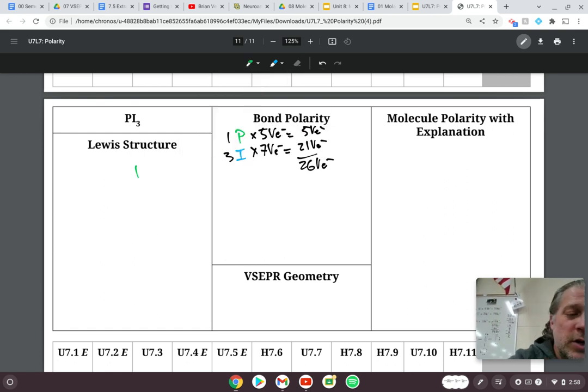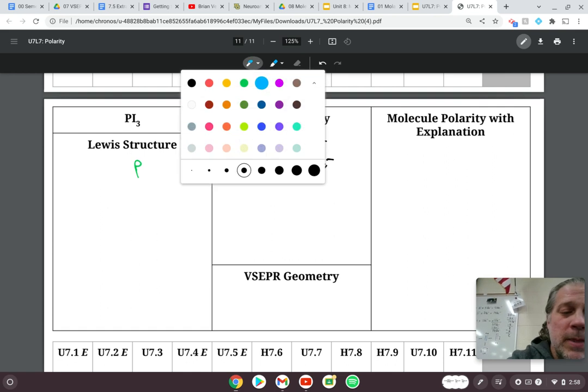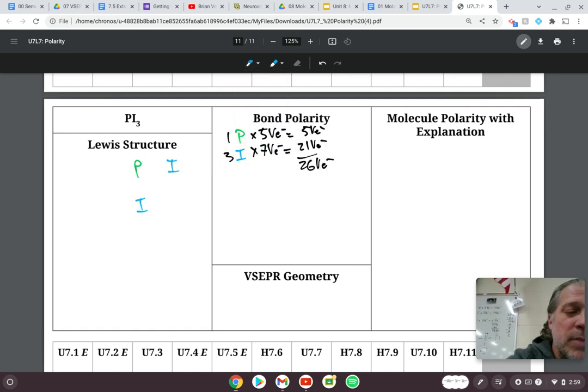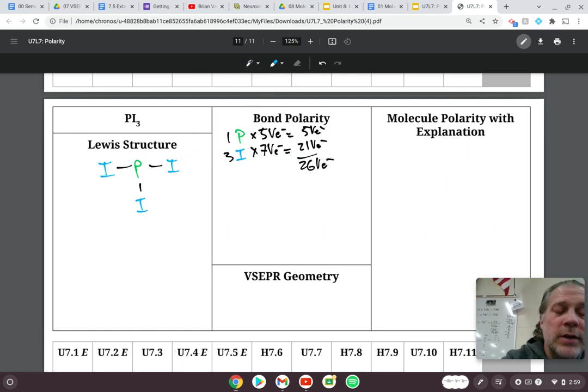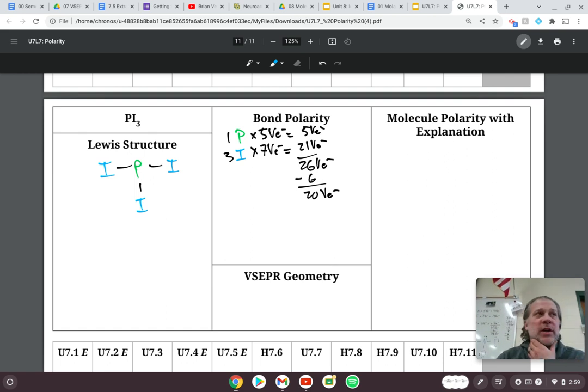So I'm going to draw my structure with my phosphorus as my central atom. My iodines are going to be bonded to that phosphorus with single bonds. It's 2, 4, 6. 26 minus 6 is 20 valence electrons. None of the atoms have 8 valence electrons around them, so I'm going to start adding electrons.